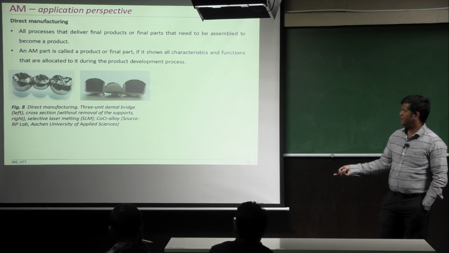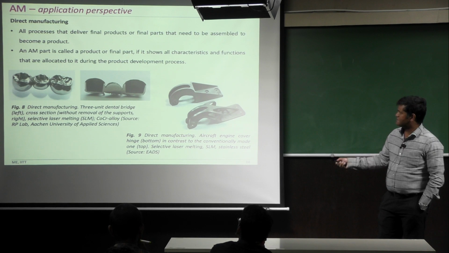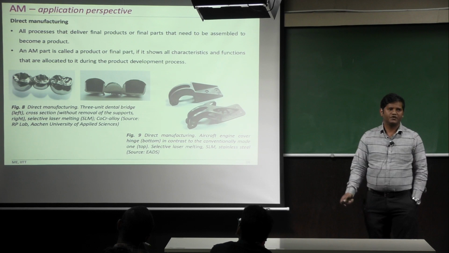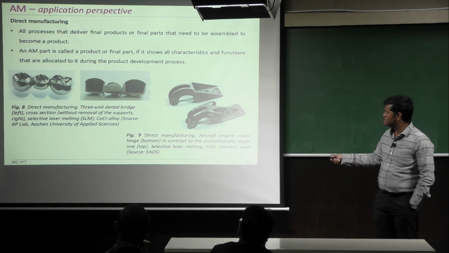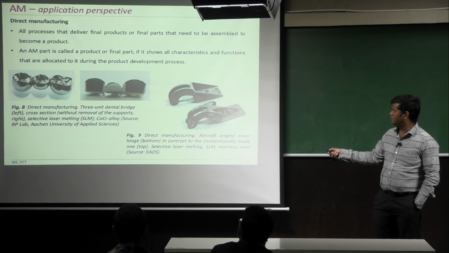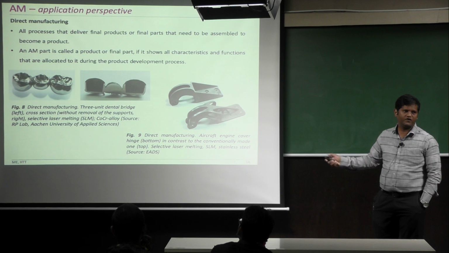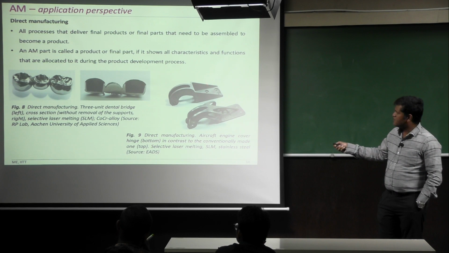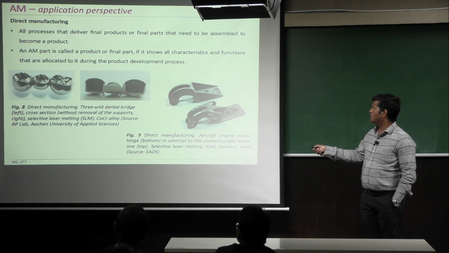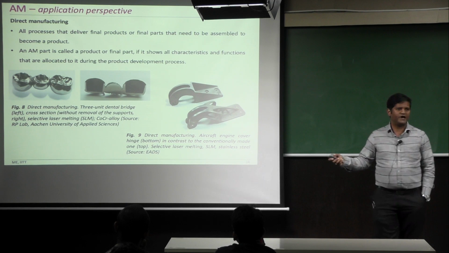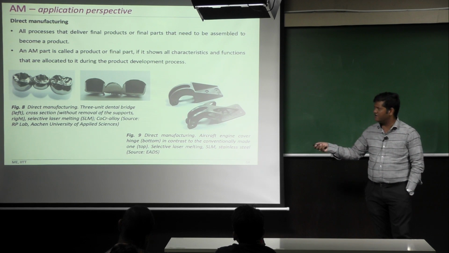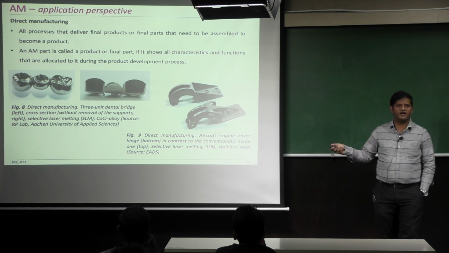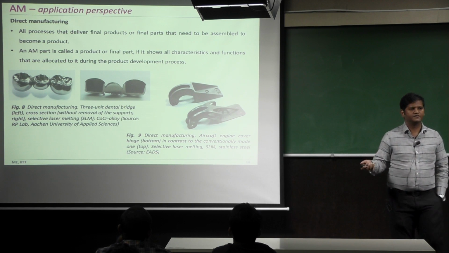okay. And one more example, this is the direct manufacturing of the aircraft engine cover hinge, okay, and this is the corresponding optimized model after topology optimization, okay. It is easy to make this engine cover hinge by using machining, but here it is very difficult to make this, but this complex shape can be manufactured conveniently by using AM process, okay.